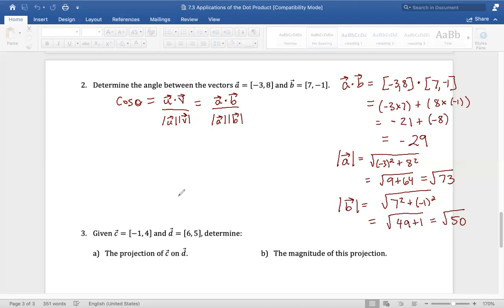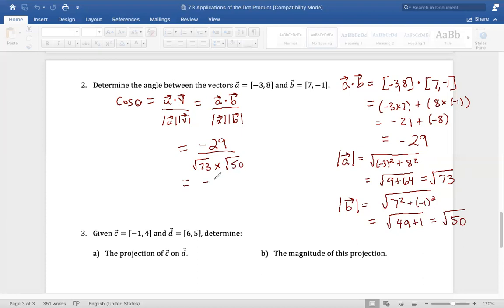So going back to our formula now that I have all my pieces, the vector A dotted with vector B is -29 as my numerator, right? The magnitude of vector A in length is the square root of 73, multiplied with the magnitude of vector B, the square root of 50.